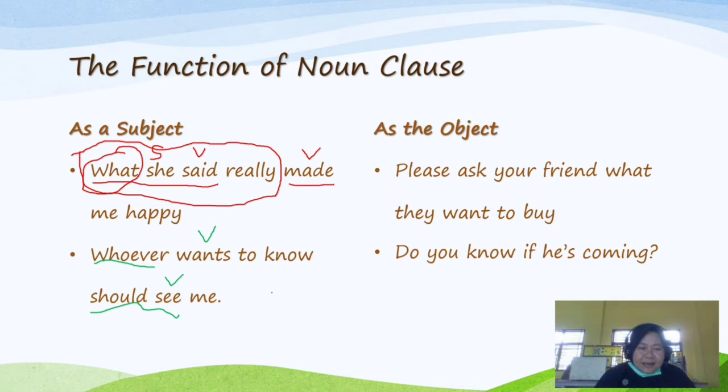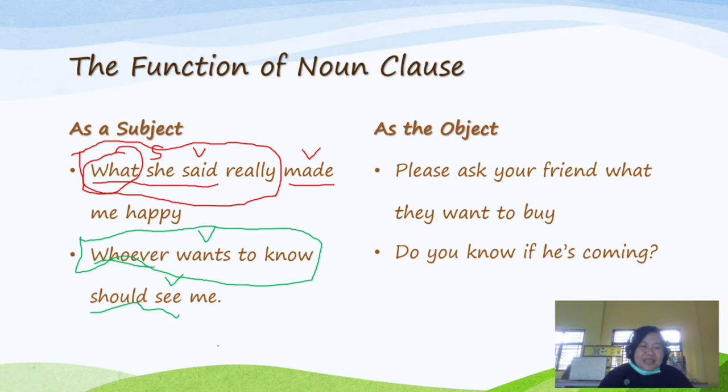The subject of this verb is whoever. And the subject of see is whoever wants to know.